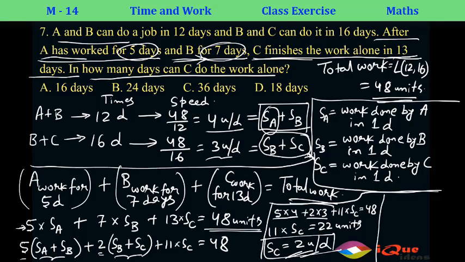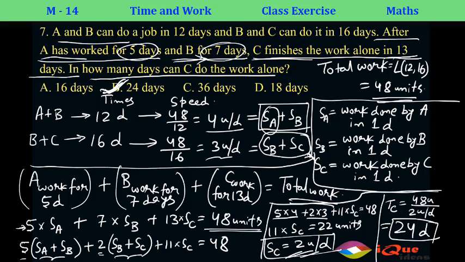So time taken by C alone will be equal to the total work, that is 48 units, divided by the speed of C, that is 2 units per day. So 48 by 2 is 24. So 24 days is the time taken by C to complete the whole work. Alright, so this is how this question was supposed to be done. So the answer of this question is option B, 24 days.